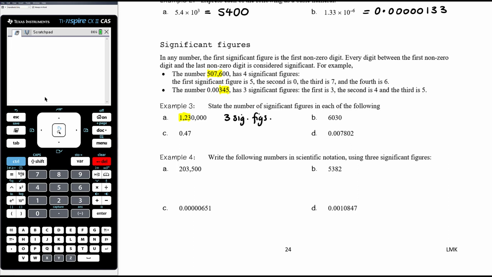In part B, the first non-zero digit is 6, the last non-zero digit is 3, so even though there's a 0 in between there, that's okay. This also has 3 significant figures, or 3 sig figs for short. 0.47, the first non-zero digit is 4, the last non-zero digit is 7, and so there are 2 significant figures in that particular number.